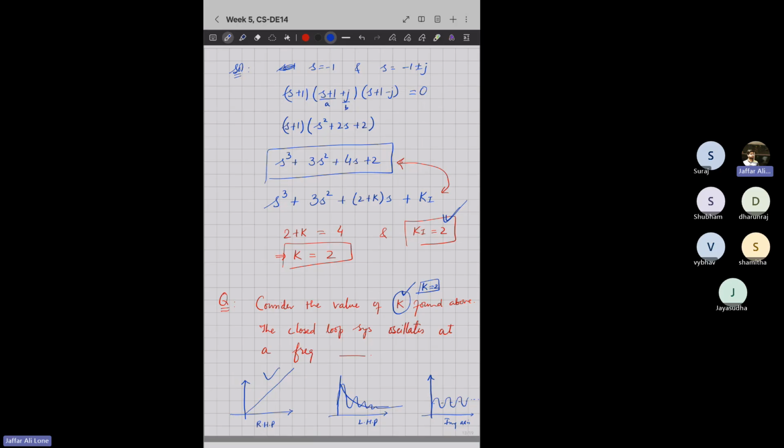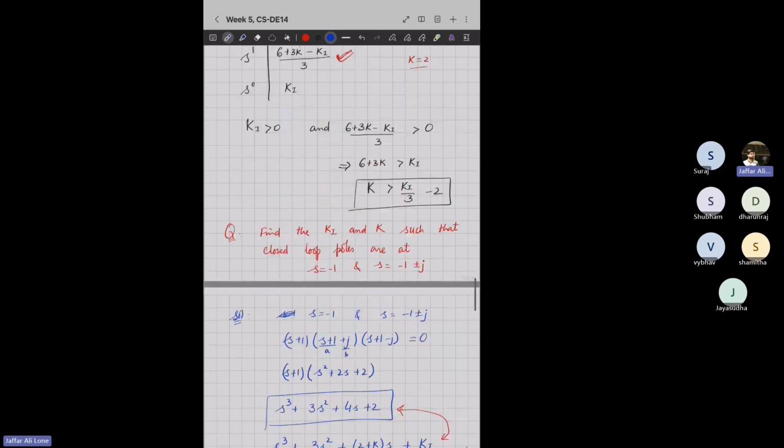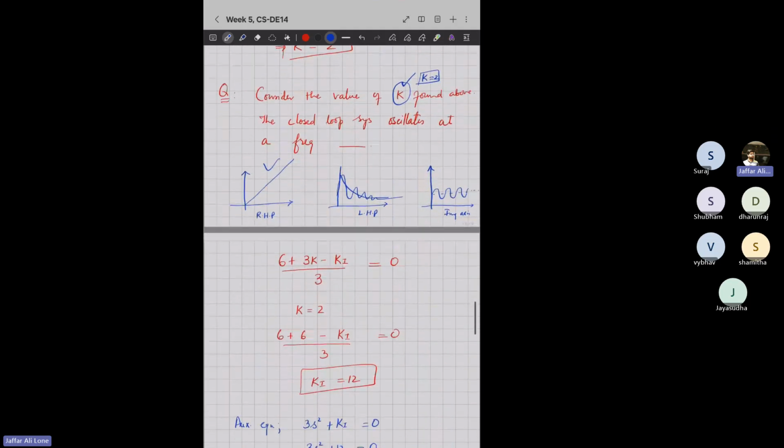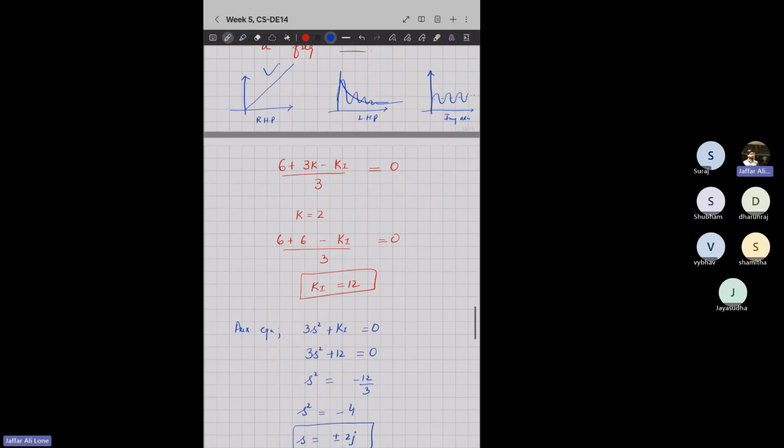When the system is oscillating at a frequency, it means there are poles present on the imaginary axis. When there are poles on the imaginary axis, as I told you in the beginning, there is the presence of a row of zeros. It means this row will be a row of zeros. When you put K equal to 2, you will get 6 plus 6 minus Ki by 3 equal to 0. There you find the value of Ki, the new value of Ki for which there will be oscillations.